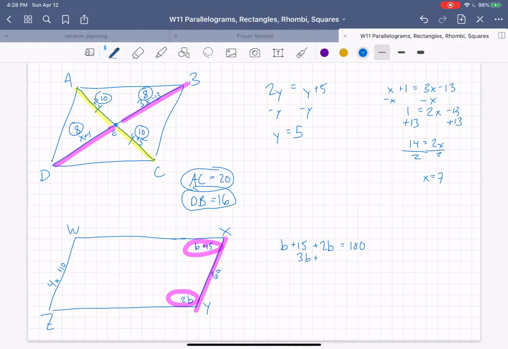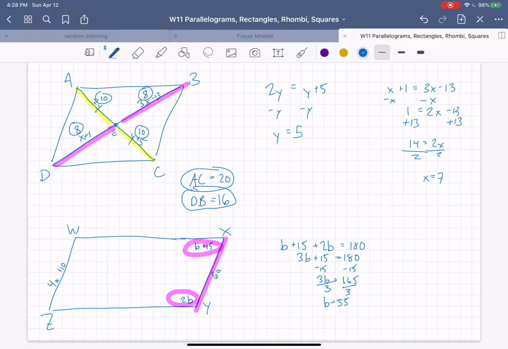So we get 3B plus 15 is equal to 180. We subtract 15, so 3B is equal to 165, and if we divide both sides by 3, we get B is equal to 55.